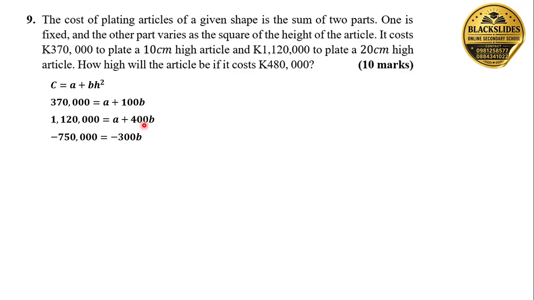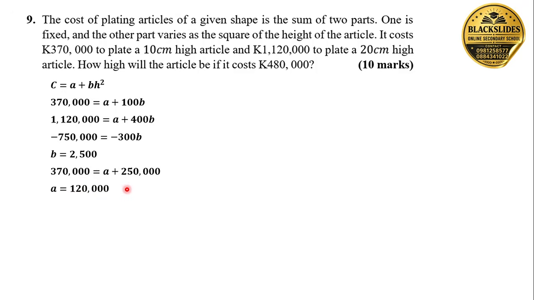So 100B minus 400B is going to be minus 300B. 370,000 minus 1,120,000 will give us minus 750,000. Dividing through by minus 300 will give us B equals 2,500, which you have to substitute into one of the equations to find A. So solving for A will give us A equals 120,000.